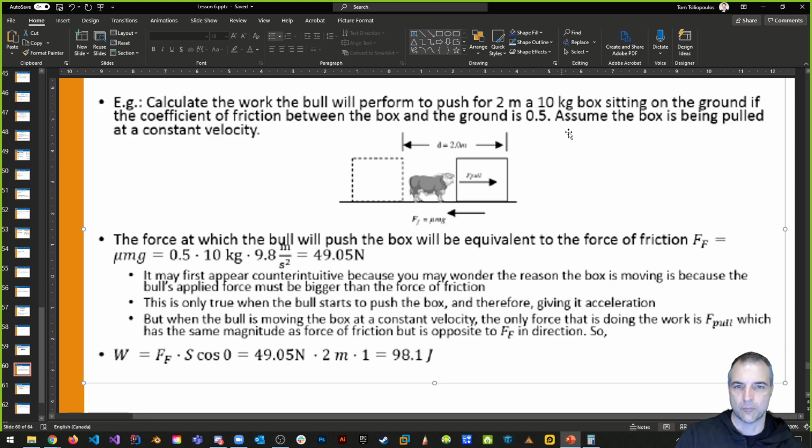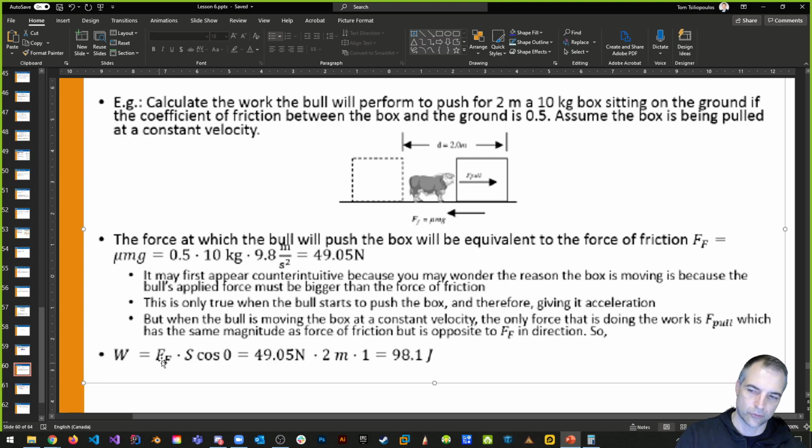The mass is 10 kilograms and gravity is 9.8 meters per second squared, so mg is 98 newtons. The coefficient of friction, 0.5 times 98, is approximately 49 newtons.